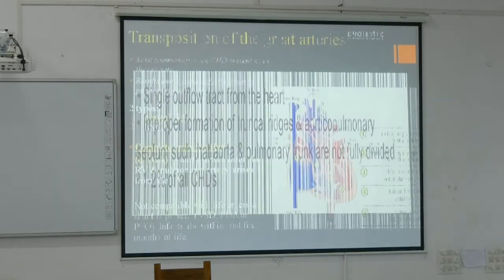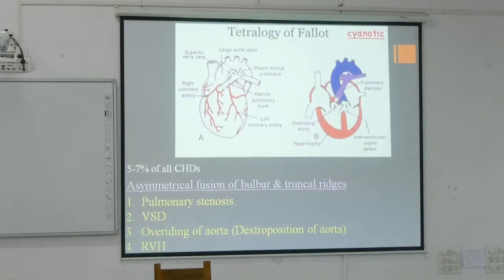Now coming to the other varieties of cardiac problems, where four problems occur together, we call them tetralogy of Fallot, in short TOF. The patients have a pulmonary opening which is narrow, stenosed.